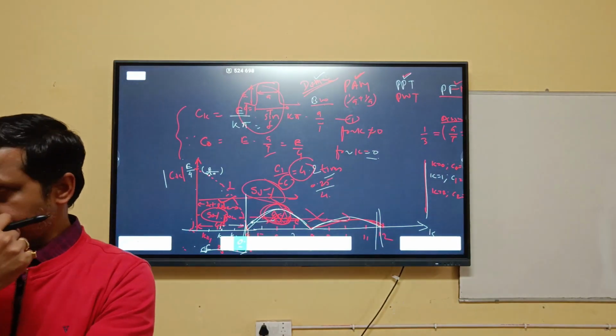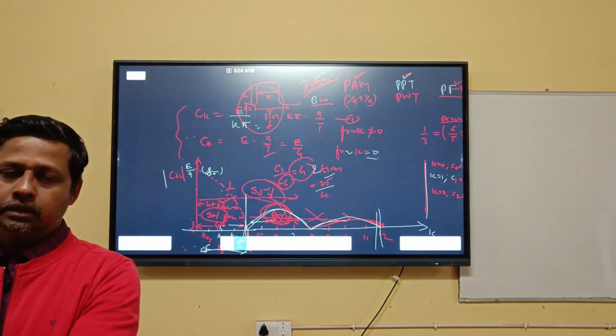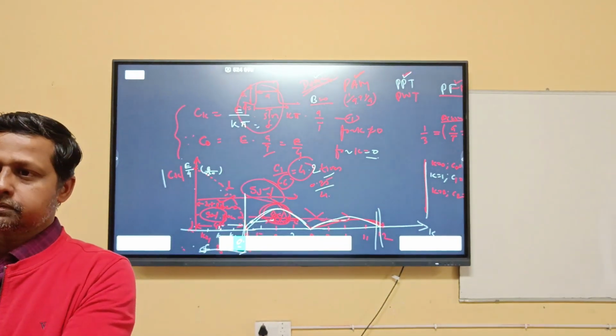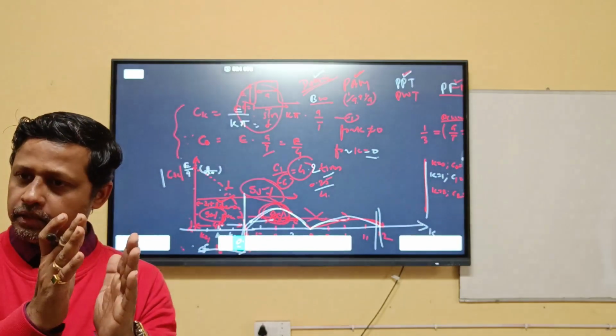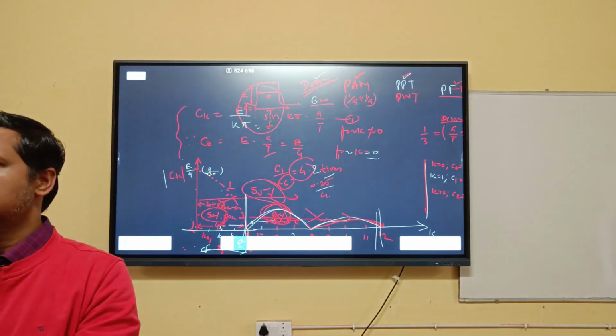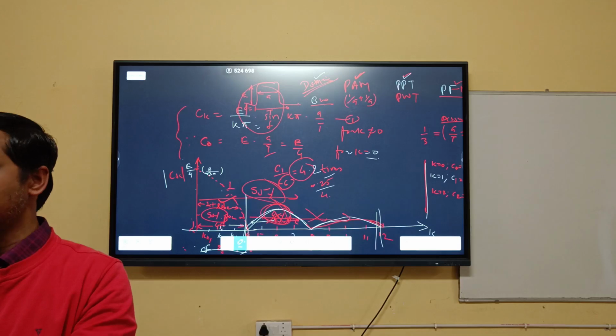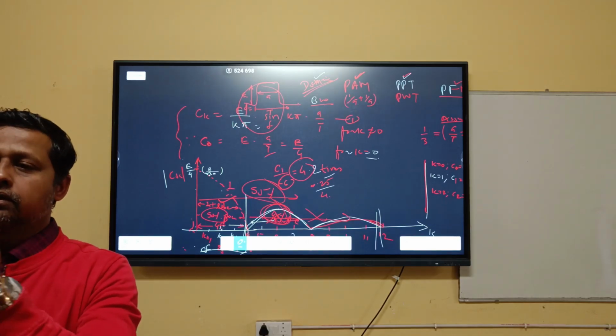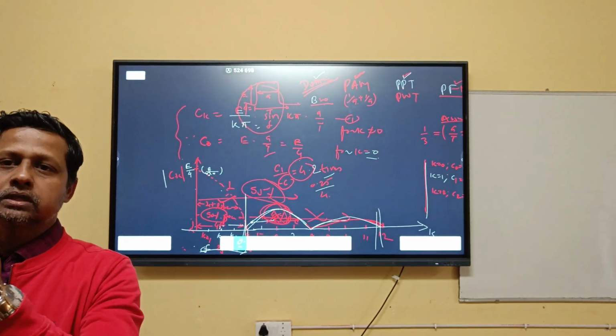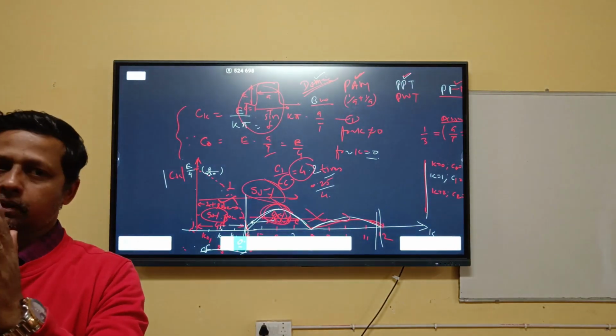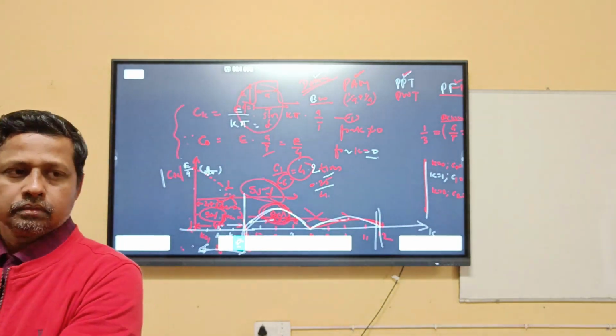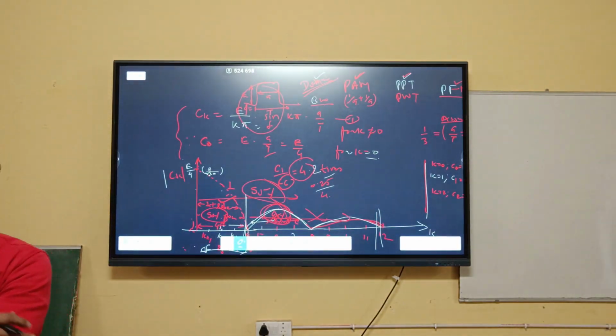In one case, you are fixing the duty cycle and changing the position of the cycle. In another case, you are not changing the position of the cycle, you are allowing the width of the cycle to change. In place of 1/4, it can be 1/3, it can be 1/2, it can be 3/4.